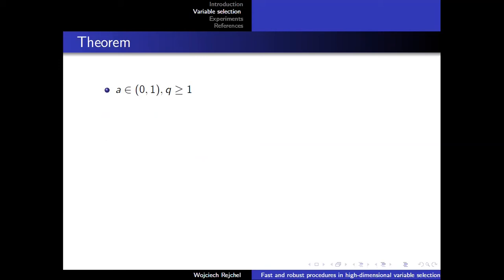We have two numbers, A and Q. We additionally assume that our predictors are sub-Gaussian, which is quite a standard condition if you work in the high-dimensional case and if your predictors are random.